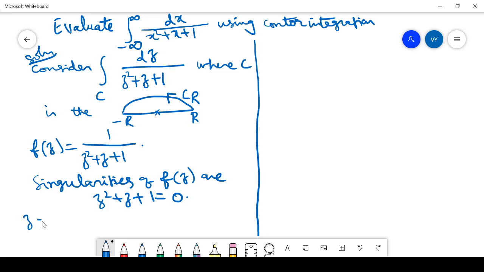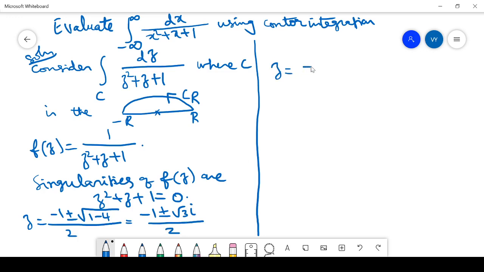So when I use this formula, minus b plus or minus root of b squared minus 4ac, whole divided by 2a, I'll have minus 1 plus or minus root 3 i divided by 2. So z is equal to minus 1 plus i root 3 by 2, and z is equal to minus 1 minus i root 3 by 2 are the singularities.